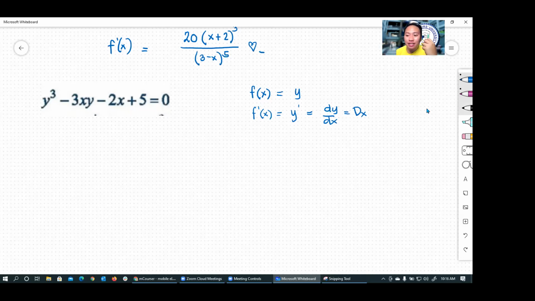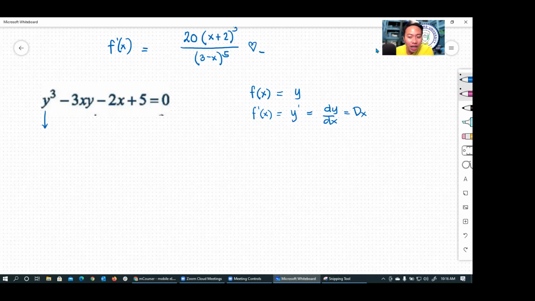So let's start with item number 1: y cubed minus 3xy minus 2x plus 5. As I said, we're going to take the derivative of each term. What is the derivative of y cubed?